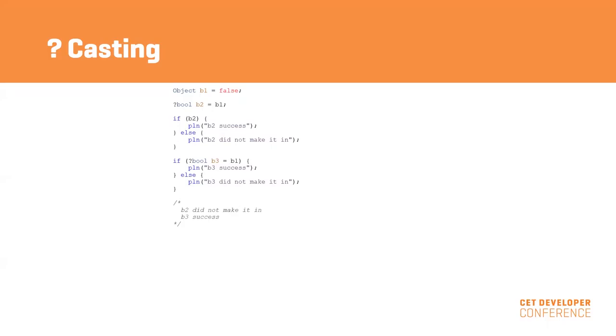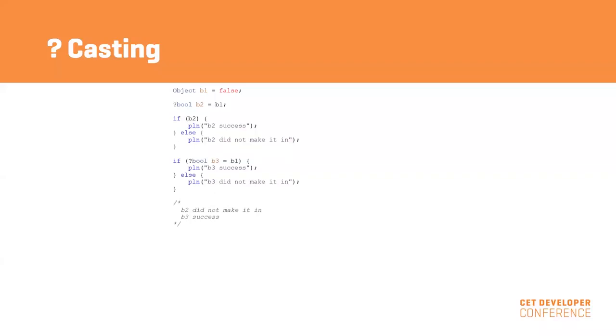Okay, and then I also mentioned that there's a case of the magic question mark being used with casting. This is what I mean by that. You can add a question mark as a shorthand for casting. So here, instead of typing bool b2 equals b1 dot bool, I can eliminate the need to type bool twice since I already have defined the type that I want to cast to.